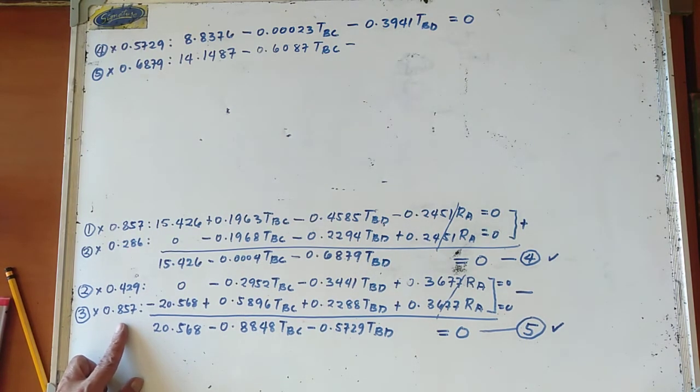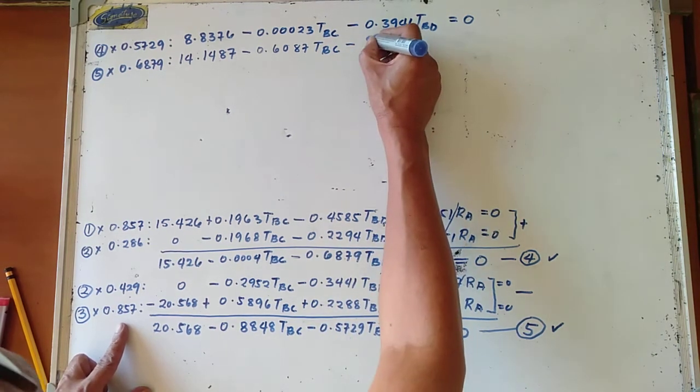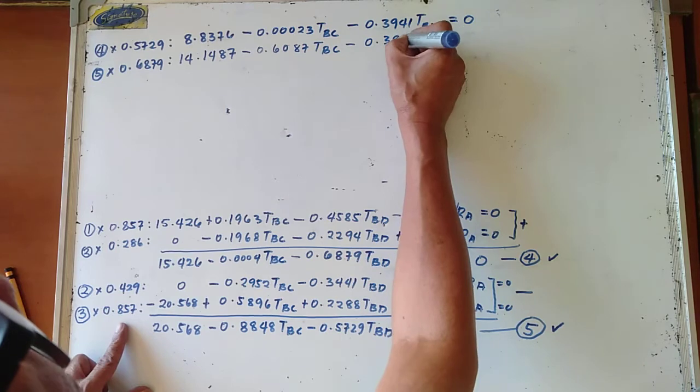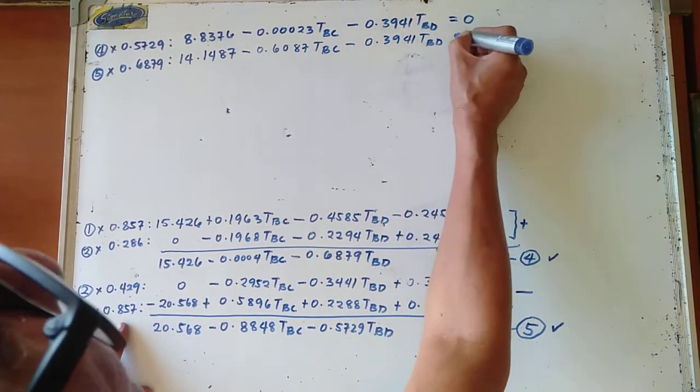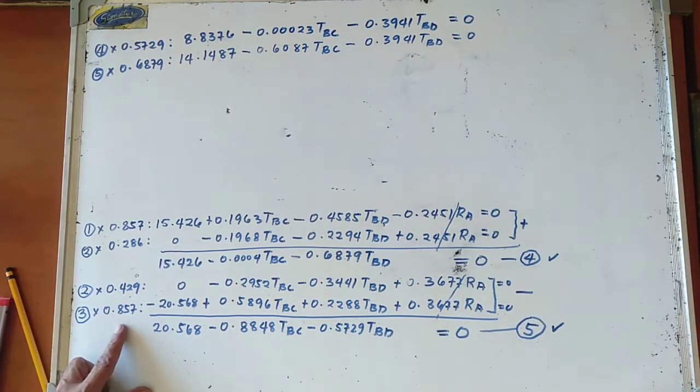So this is equal to 0.3941 T sub BD is now equal to 0.